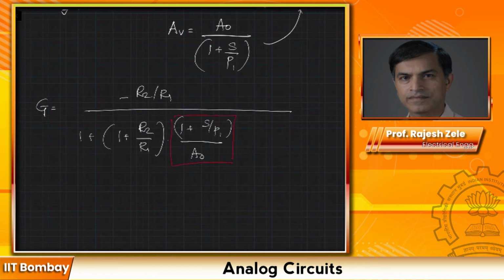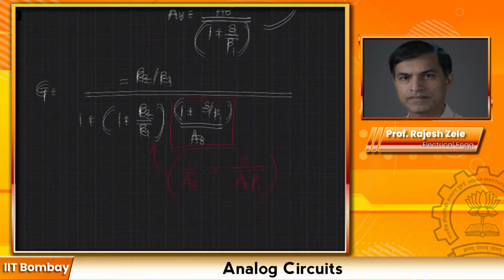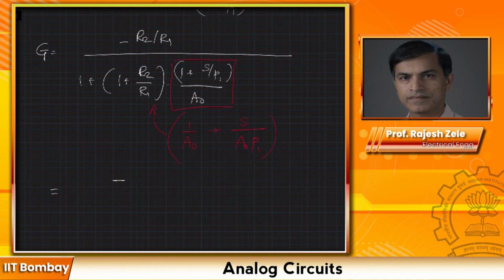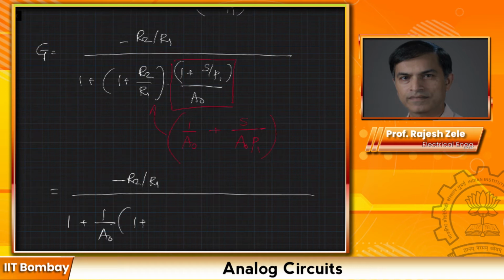It would look like minus R2 divided by R1 divided by 1 plus 1 divided by A0, 1 plus R2 divided by R1, plus R1 times s divided by A0 P1.